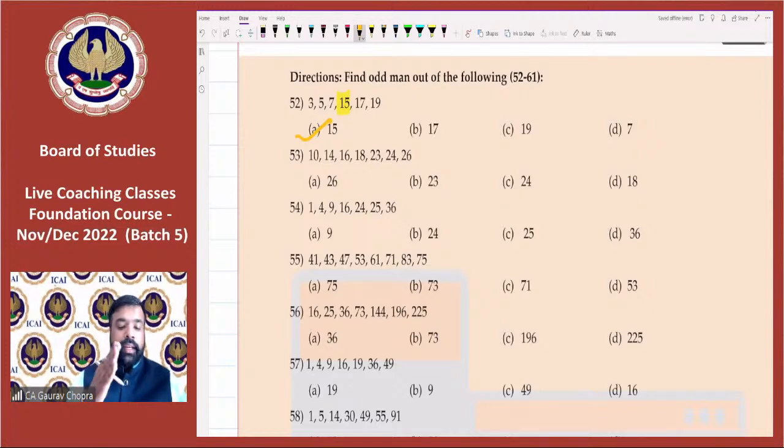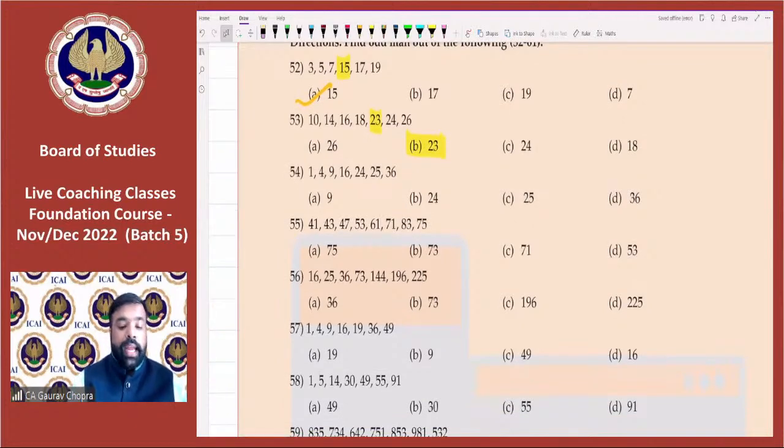Then 10, 14, 16, 18, 23, 24. So 23 is the odd number, and the rest are all even. For 54, all the numbers are perfect squares except 24. So the correct answer is option B. 55, all the numbers are prime except 75. 75 is not a prime number.